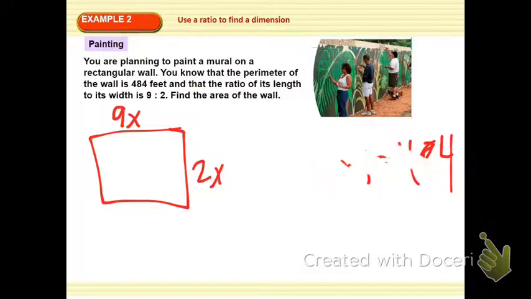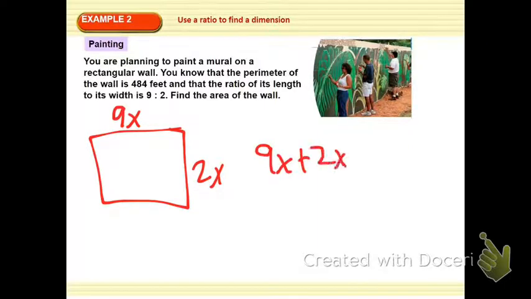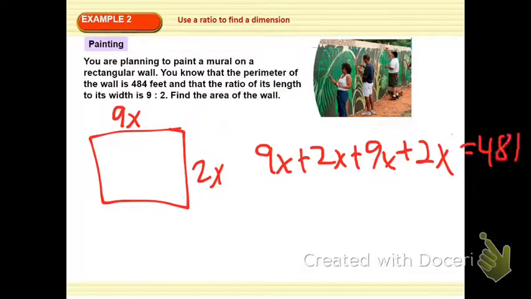So for perimeter we have 9x plus 2x plus 9x plus 2x equals 484. So that's going to be 22x. Can you just square it? No, we don't square it because we're not multiplying. 22x equals 484.